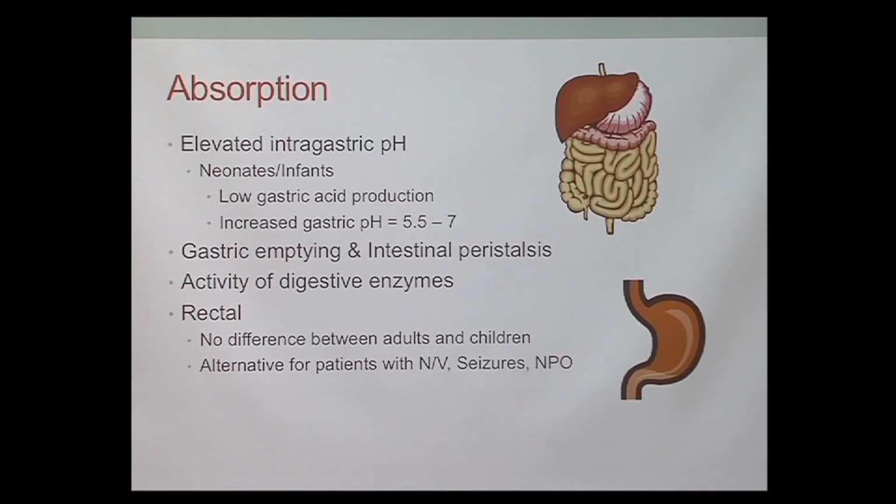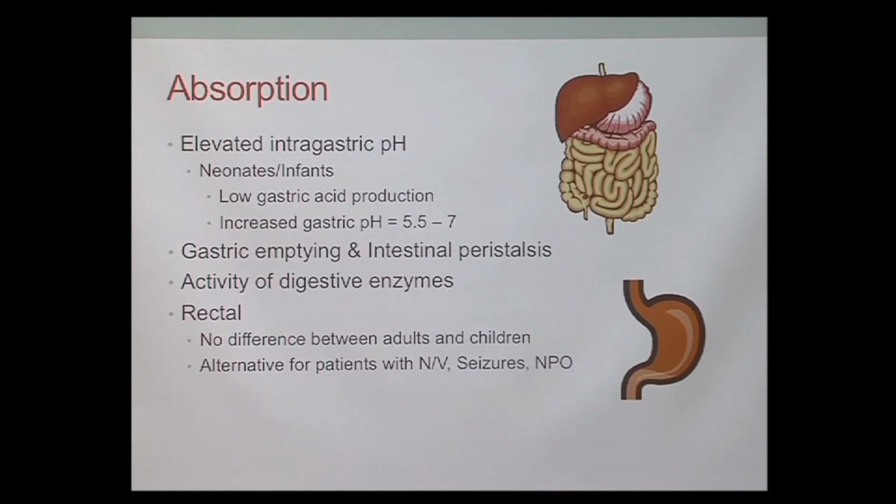When we look at absorption, the majority of drugs that we give orally are absorbed by passive diffusion by the GI lumen in your small intestine. The two main factors that affect that rate and extent of absorption include both the pH of your gastrointestinal contents and your gastric motility. In those first couple weeks of life, your gastric acid production is very much decreased.